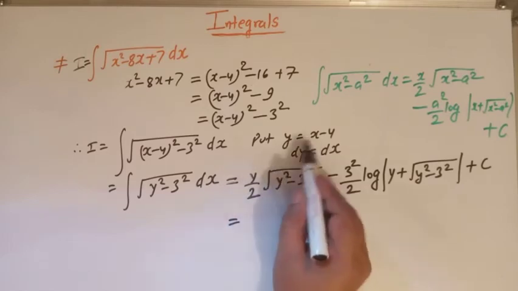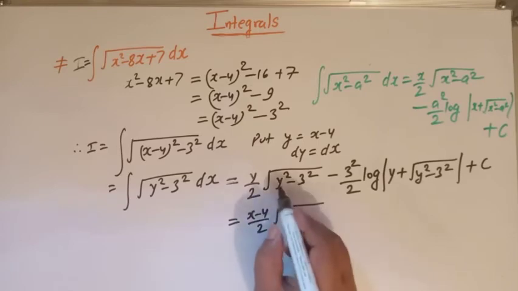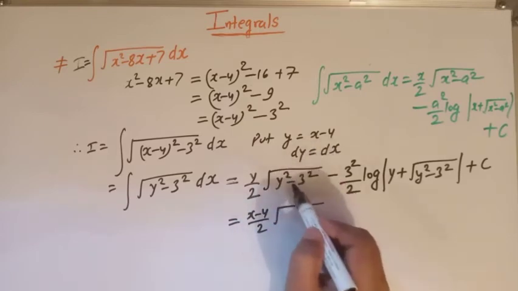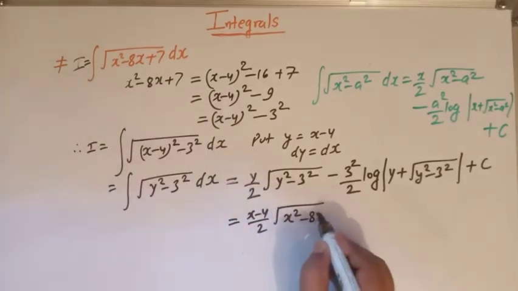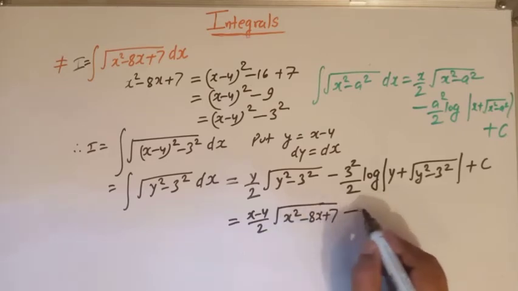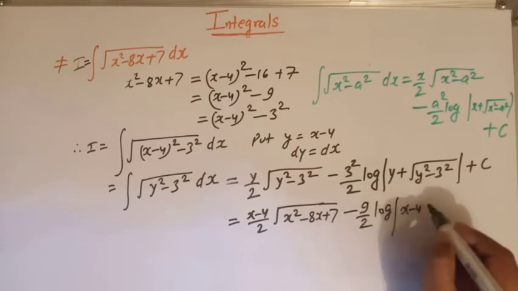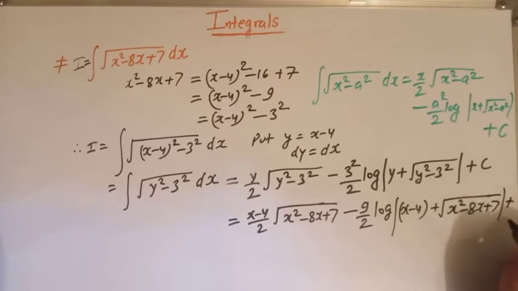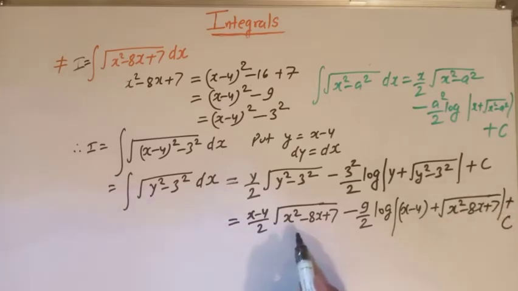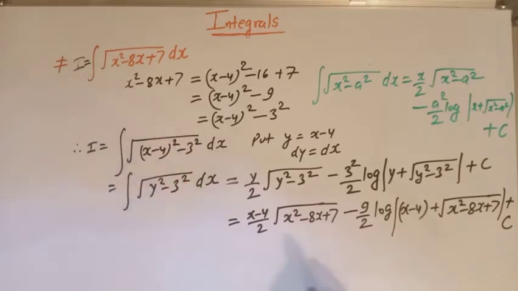Now again substituting the value of y as x minus 4, we have (x minus 4) over 2, and if we solve (x minus 4) square minus 3 square, we get the same quadratic polynomial, square root of x square minus 8x plus 7, minus 9 by 2 log of (x minus 4) plus the square root of x square minus 8x plus 7. Clear? And plus c. So this is the required integral of this function. Clear?